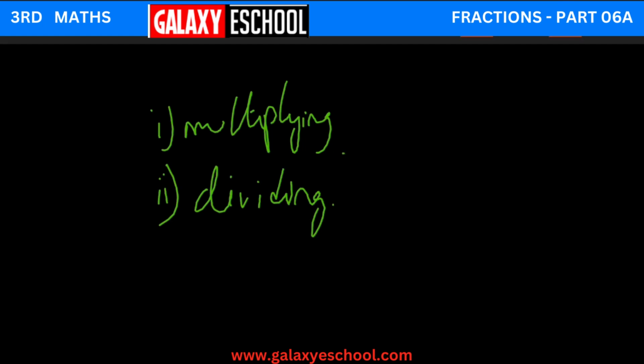There are two ways of finding equivalent fractions. One is by multiplying and the other is by dividing. And the important point to note while finding equivalent fractions is we have to multiply both numerator and denominator, and also divide both the numerator and denominator with the same number.